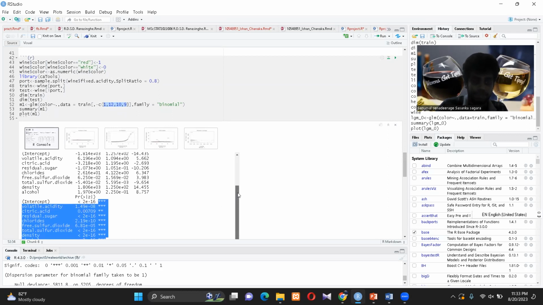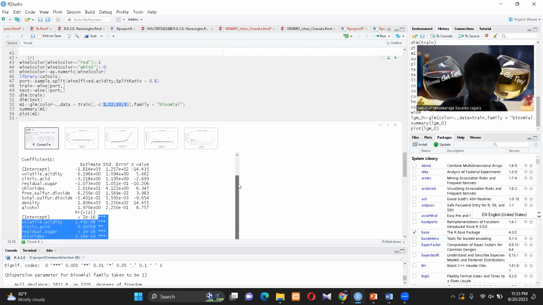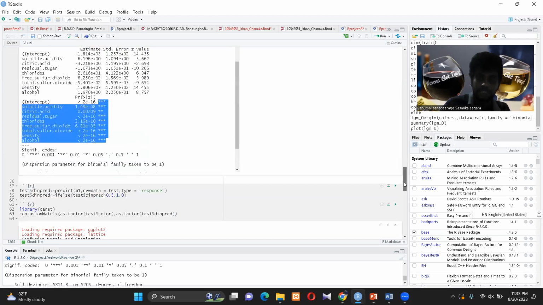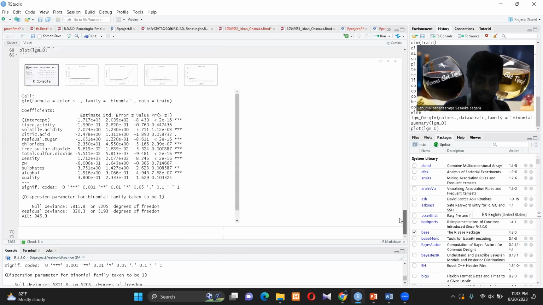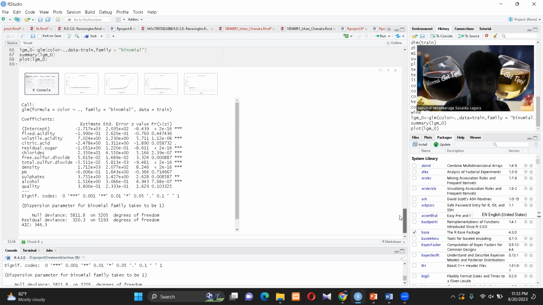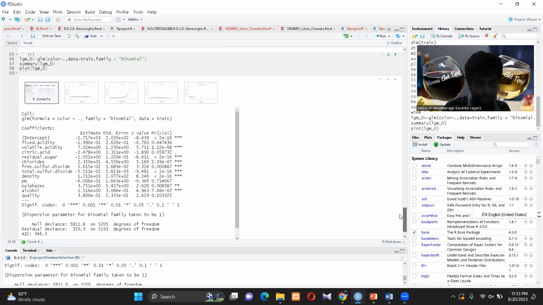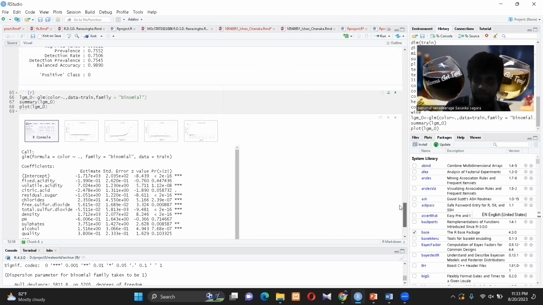And now they are having their own coefficients, right? Then you can compare, for example, volatile acidity, the standard error of volatile acidity in my model when we have contributed all these, fixed acidity, sorry, volatile fixed acidity, right?